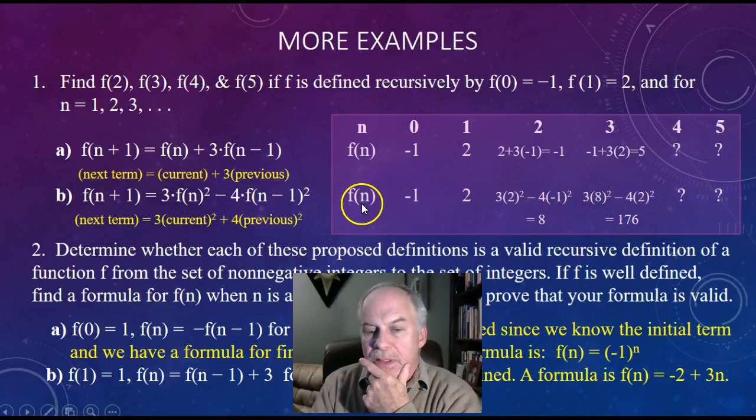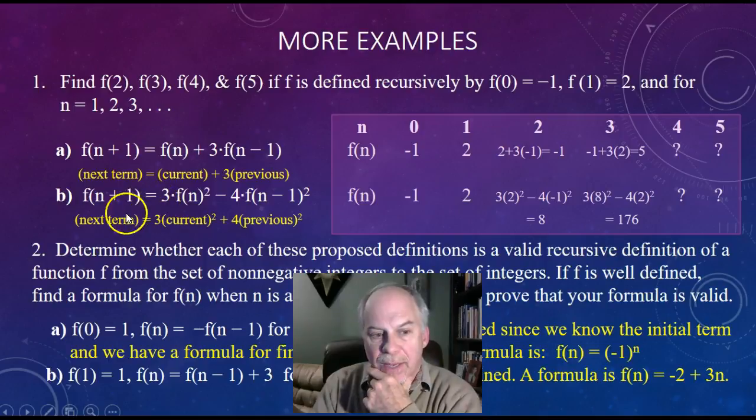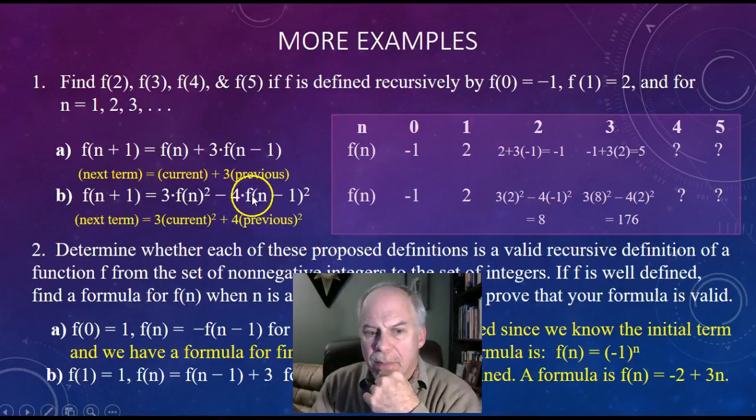Then, in the next example, it's a little bit more complicated, but it still uses the current term, f of n, and the previous term, f of n minus 1. But it squares them and multiplies them by 3 and -4. So the next term is 3 times the current term squared minus 4 times the previous term squared.